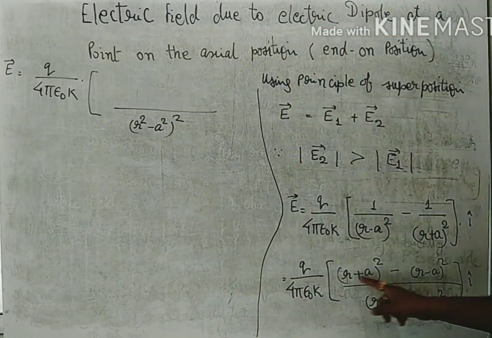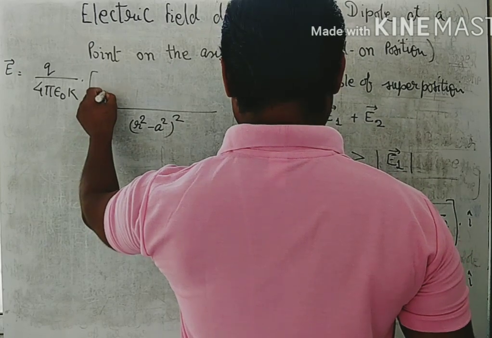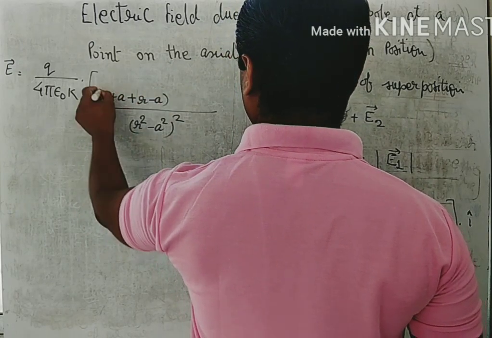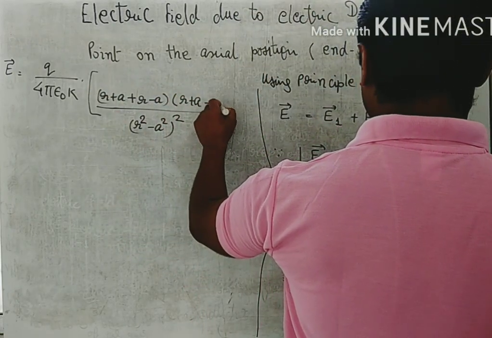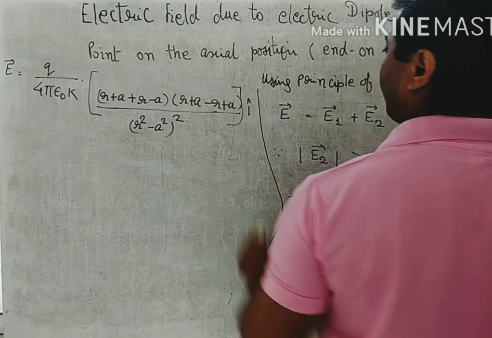So here we can use the property a square minus b square, that will be (r plus a plus r minus a) into (a minus b minus r plus a) into i cap.